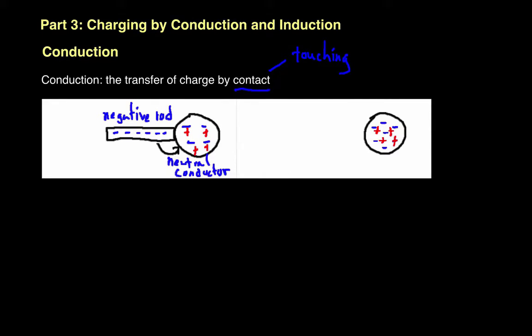The negative rod is less negative than it was before because some of its electrons have been transferred, but no protons have been added, so it's probably still a little bit negative. As a result of the conduction, the conductor becomes negative.